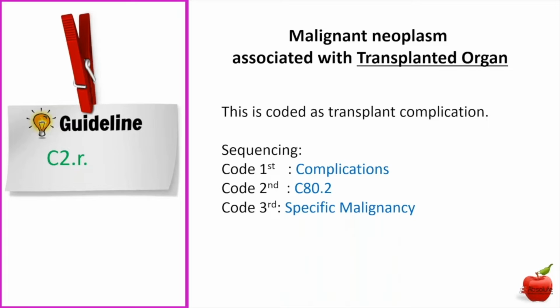Assign first the appropriate code from category T86, complication of transplanted organ and tissue, followed by code C80.2, malignant neoplasm associated with transplanted organ. And next, use an additional code for the specific malignancy. So this is the sequencing order for malignant neoplasm associated with transplanted organs.